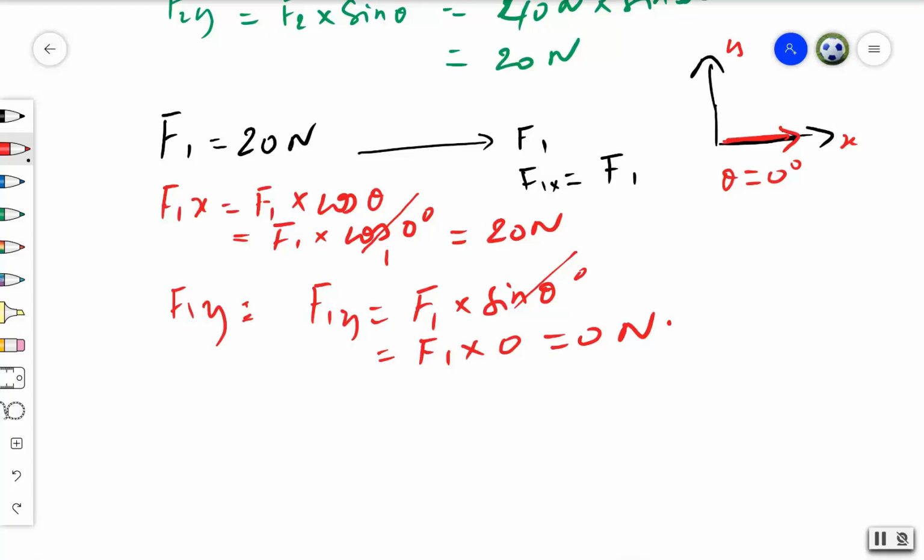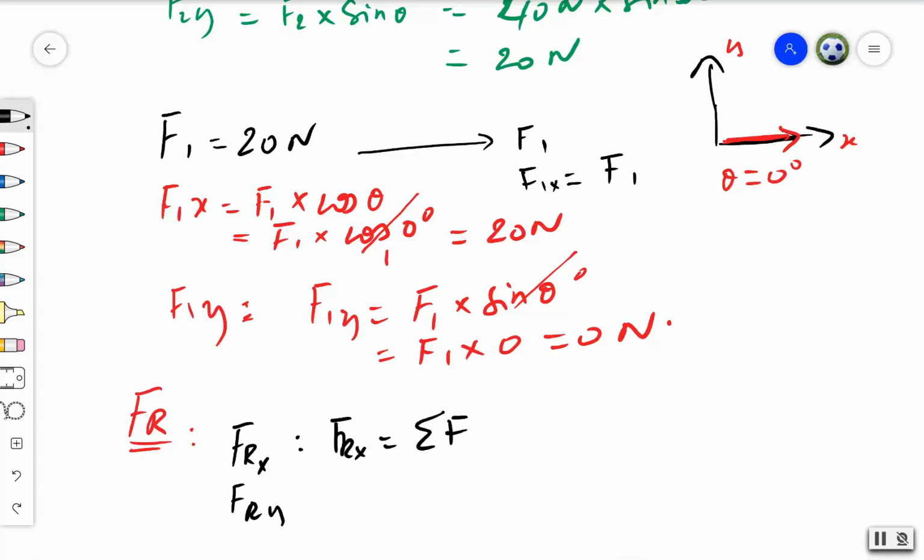And now for our resultant, FR, we have FRx and FRy. FRx equals the sum of the forces on the x-axis, so we have F1x plus F2x.